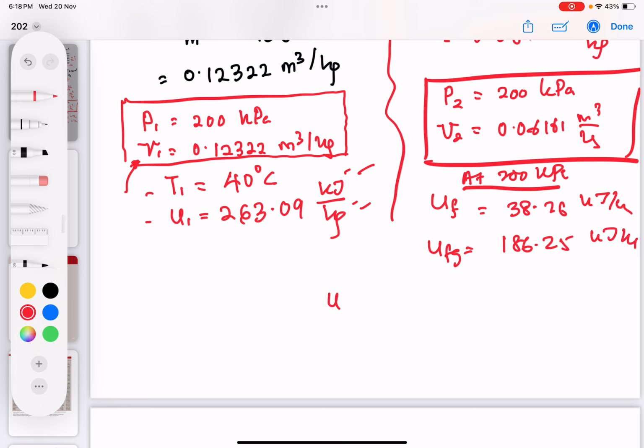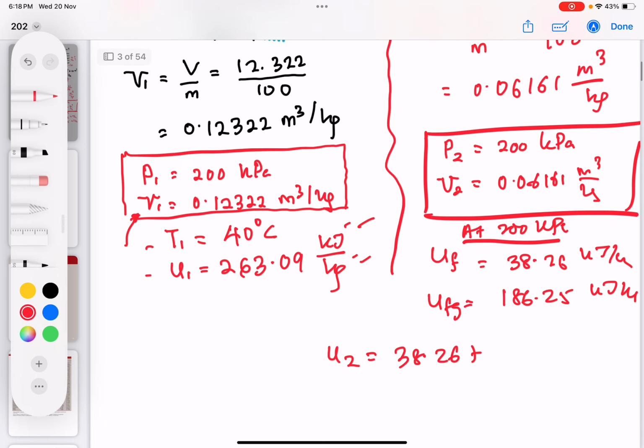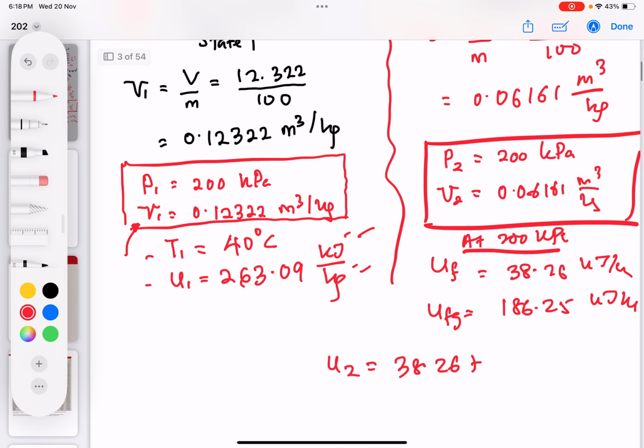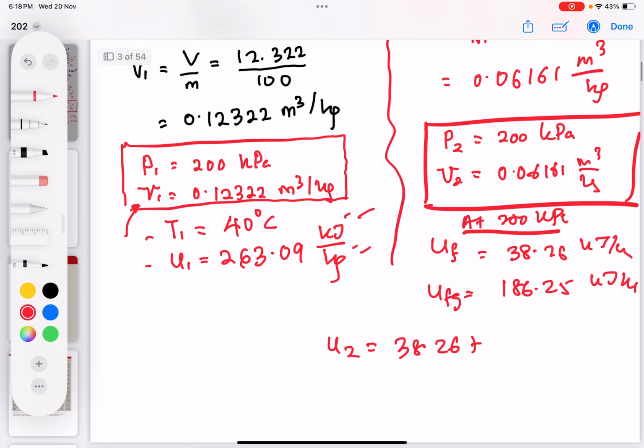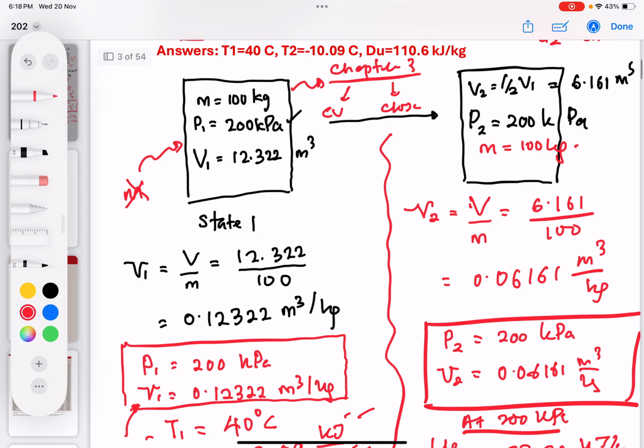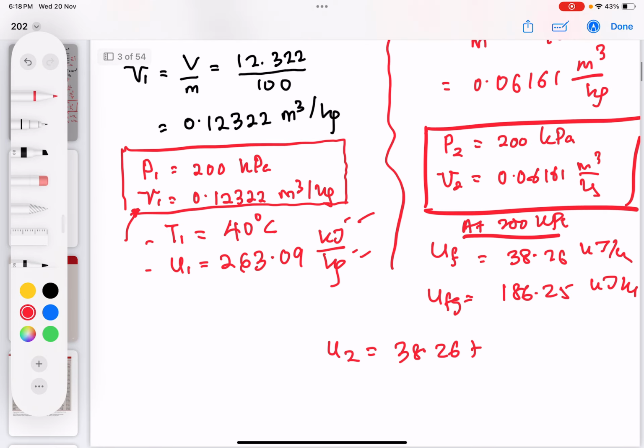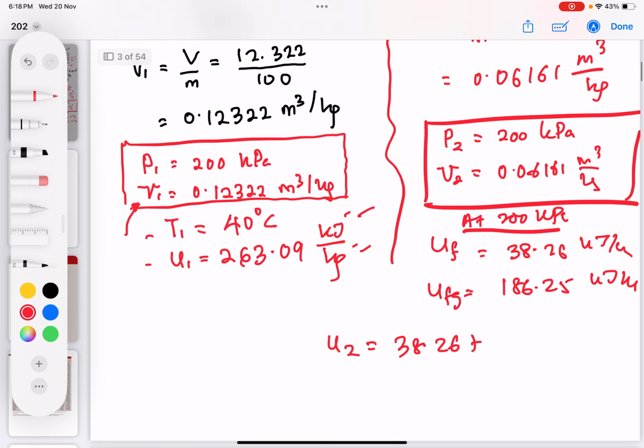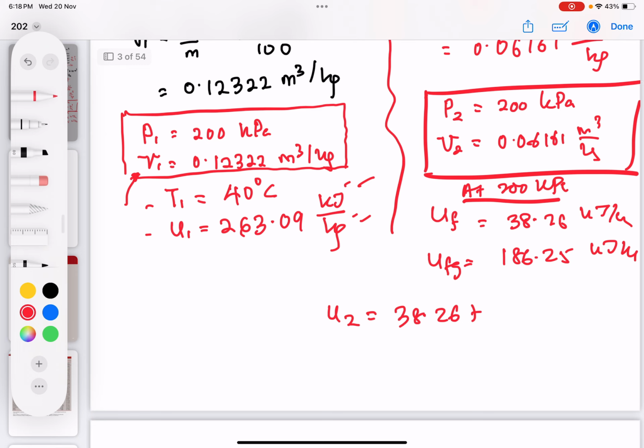Therefore, I can use U2 equals UF, which is 38.26, plus X, the steam quality calculated before, multiplied by UFG.